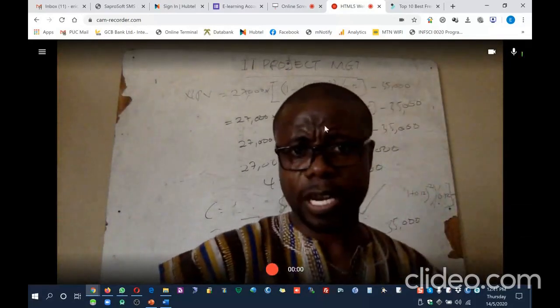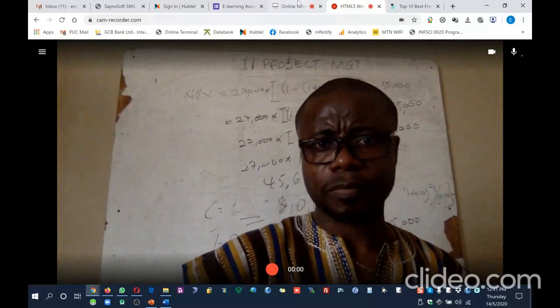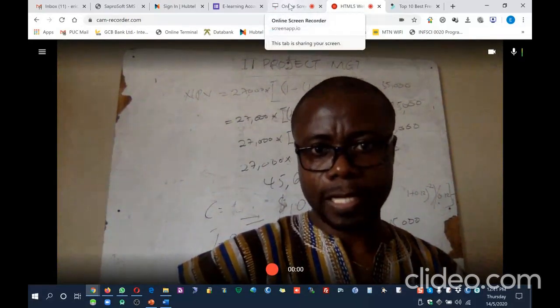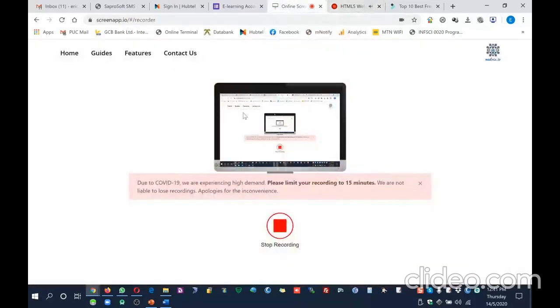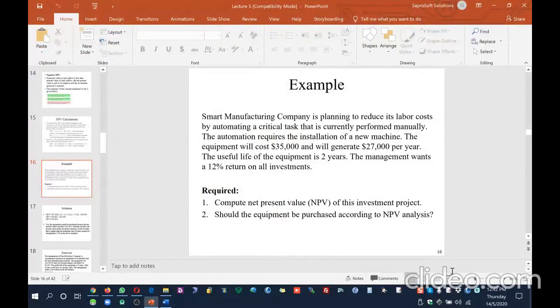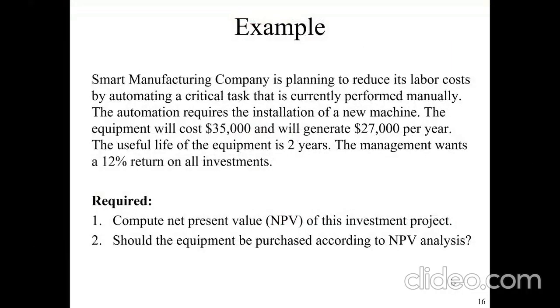Let's go back to the slides and see what we have there. So from the slides, we were supposed to compute the NPV value for this investment. And then we were supposed to give a judgment as to whether the equipment should be purchased according to the NPV analysis or not.